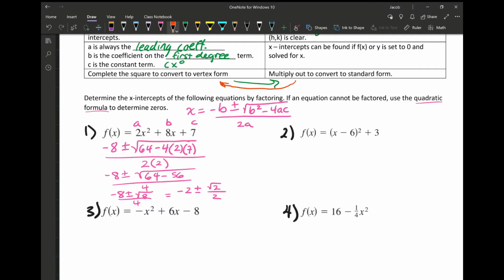So they're forcing you to use the quadratic formula to make sure your answer is in that format. So that's what I got for number 1. Make sure you can get there as well, just by operating through those functions. And we do get 2 solutions.